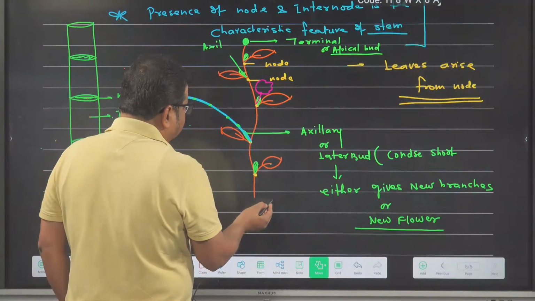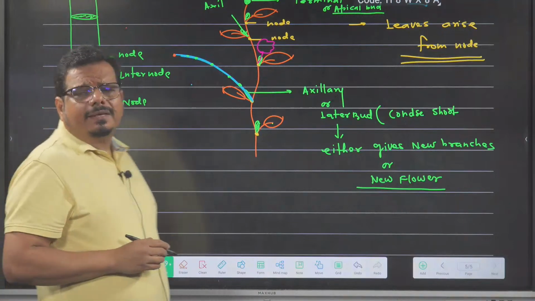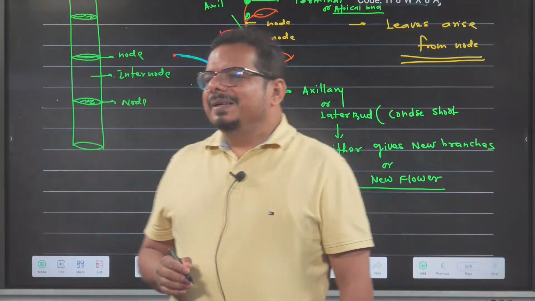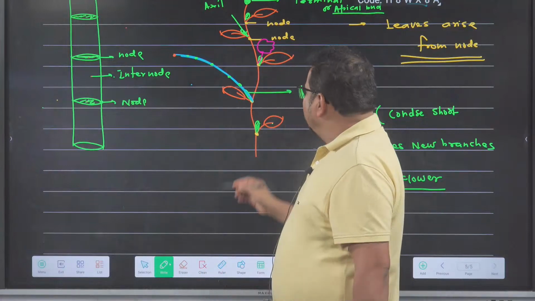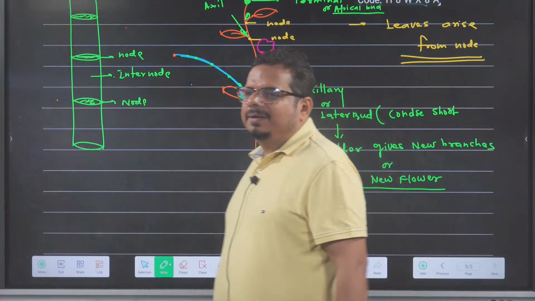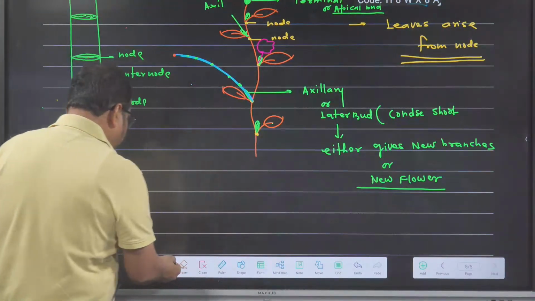So you got the picture? Clarity came in the mind? Now if anybody asks a question, that branches arising from stem or leaf arising from stem are exogenous or endogenous in origin, what answer will you give?